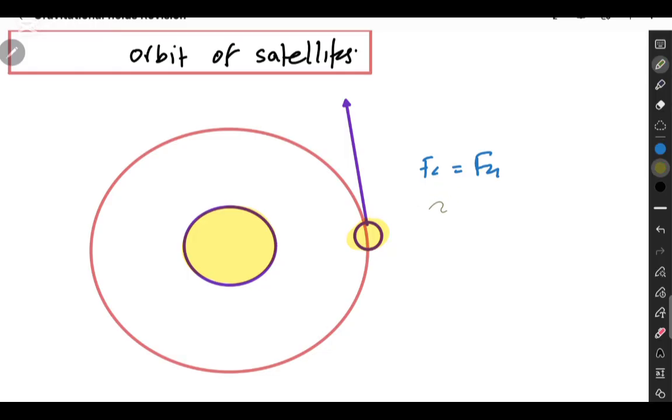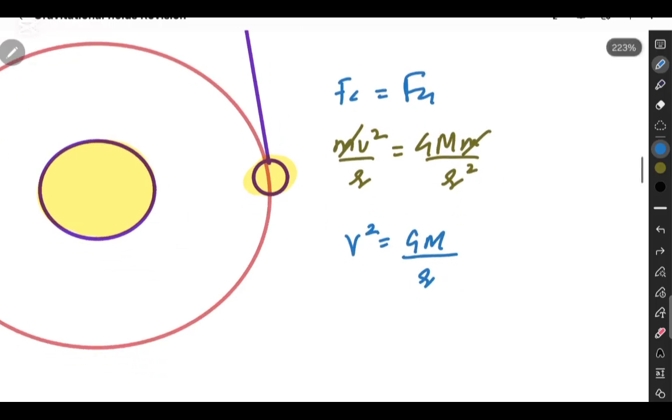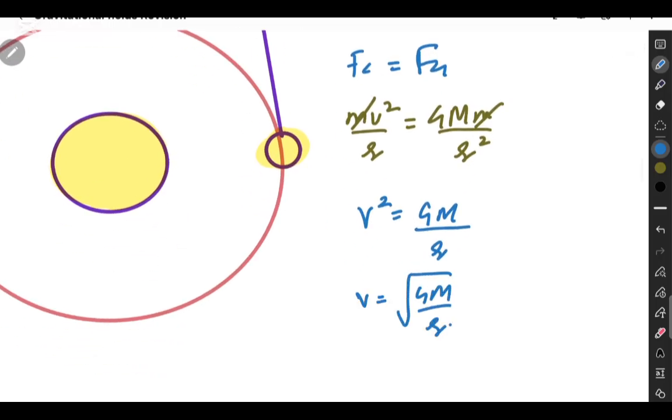So mv square over r is equal to GMm over r square. The m cancels out, and then we have v square is equal to GM over r, okay? And then v is equal to the square root of GM over r, okay?